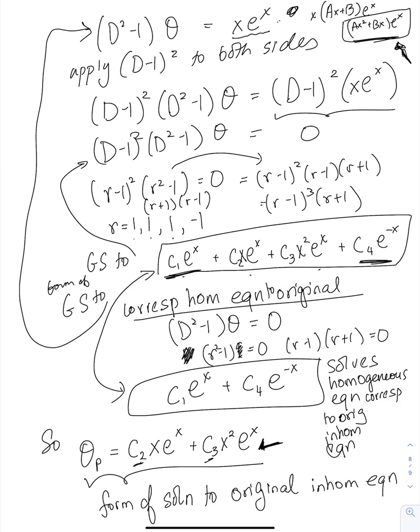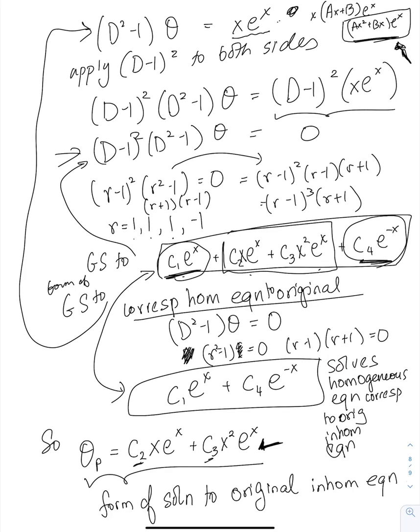Let's apply an operator that makes it into a simpler equation. So we applied an operator, made it into a simpler equation, and found the form of the solution. We know this part and this part solve the homogeneous, so they're not going to help. So the form of a particular solution will just be the center part. All right. So I hope this makes sense to you.